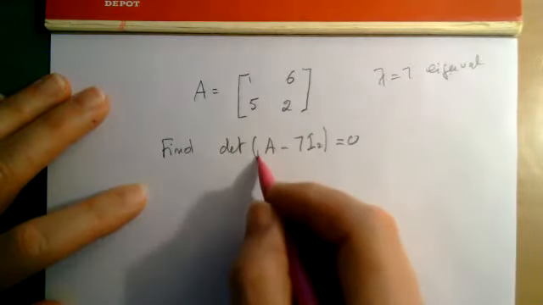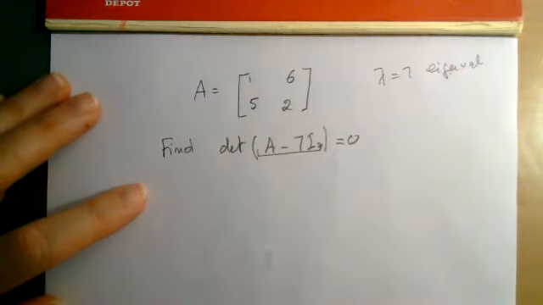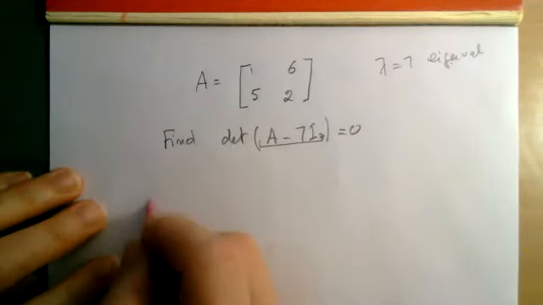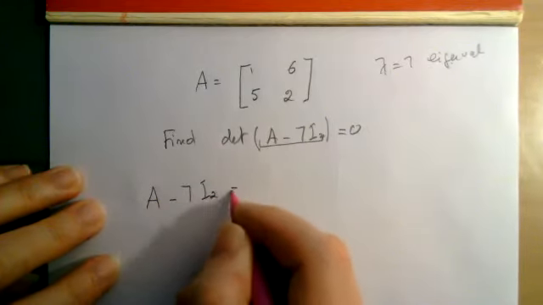All right, so I need to compute the determinant of that. First, let us see how we compute A minus 7 times the identity. I will do that very slowly.